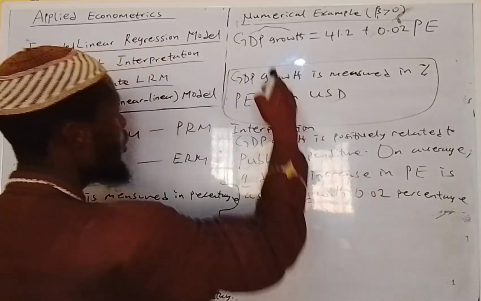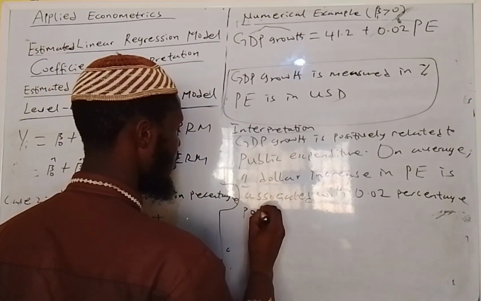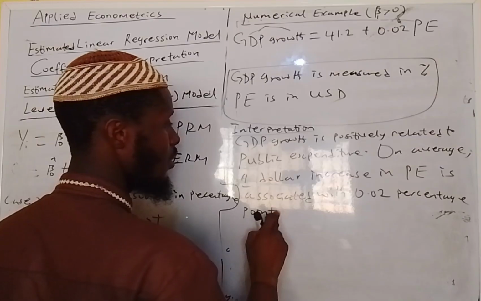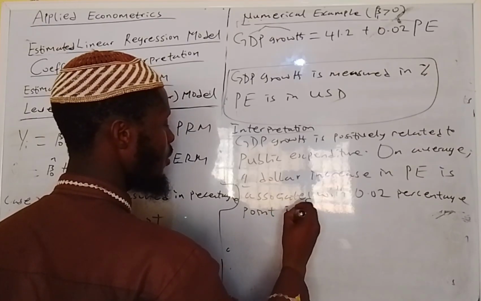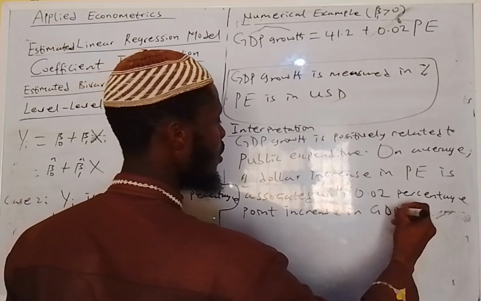Why is it percentage point? Because the dependent variable is measured in percentage.